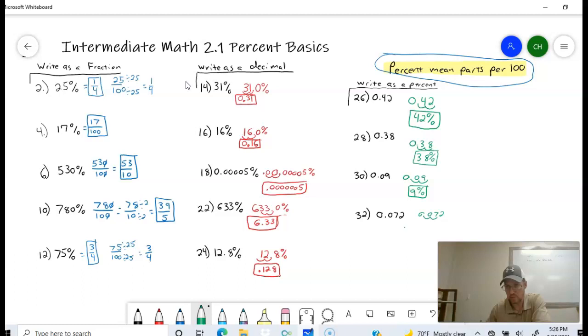I'm going to get 7.2%. Alright, those are pretty straightforward.